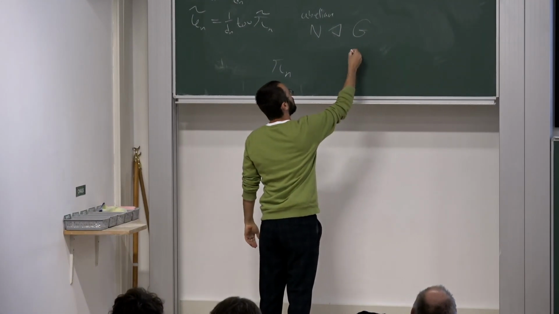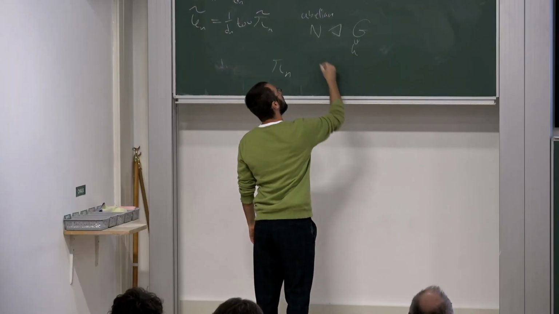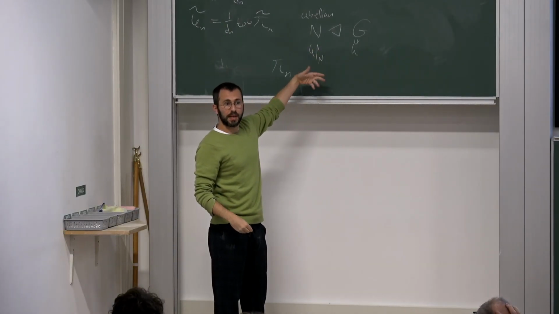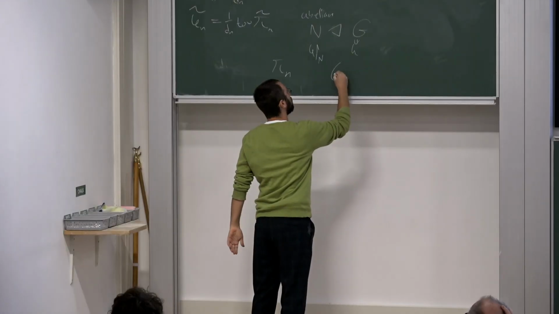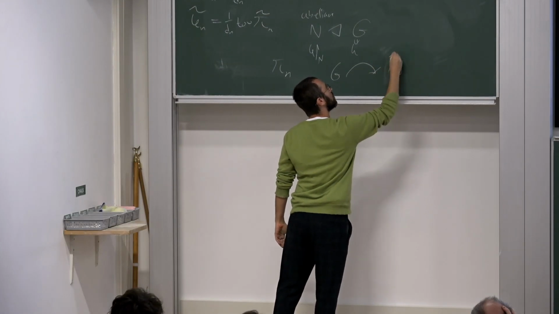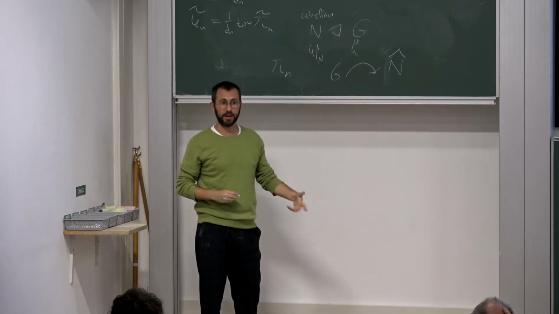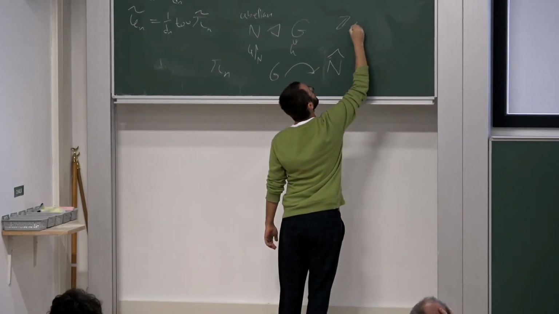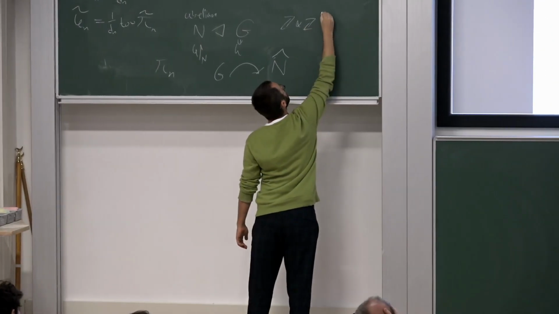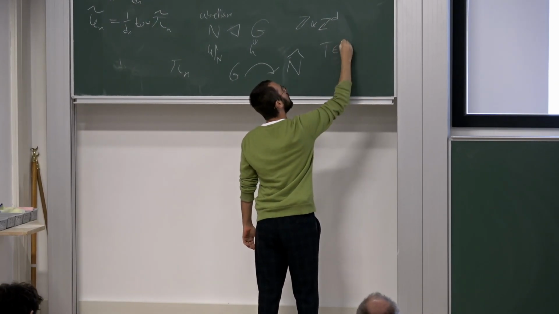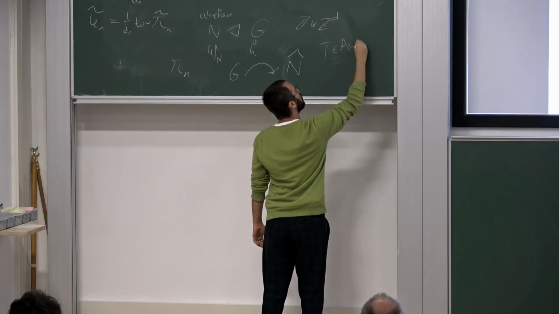At some point, you're probably going to take a character of G, restrict it to N, this abelian group, and analyze that. And what you'll naturally get to is the following dynamical system: G acting on the Pontryagin dual of N. So for example, if this is Z semi-direct product Z^d, you'll find yourself with a transformation of the torus.